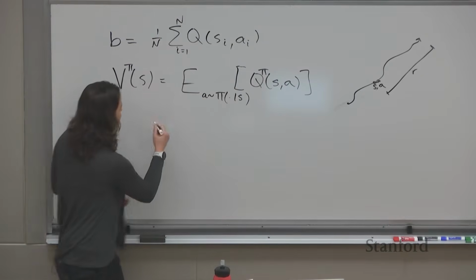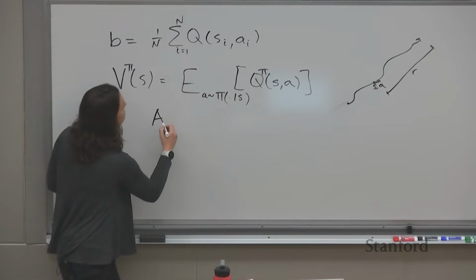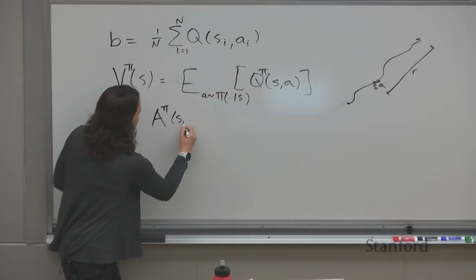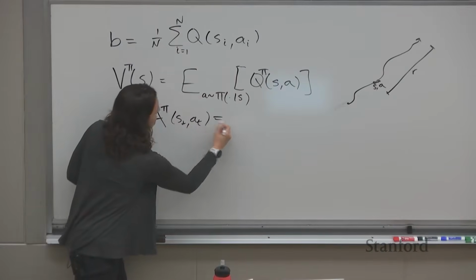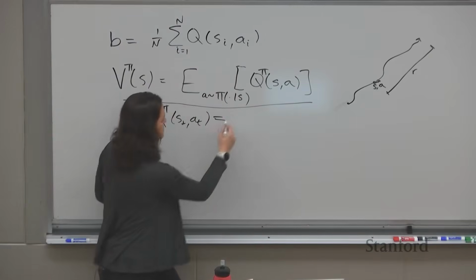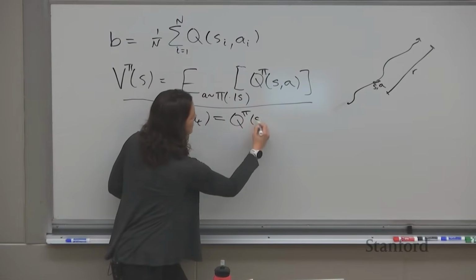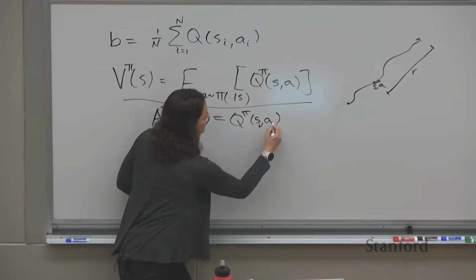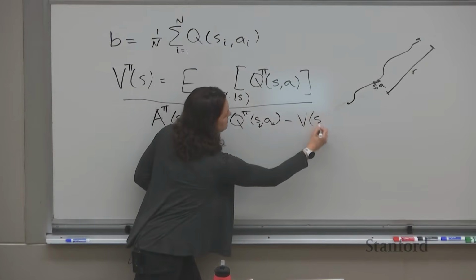We know that A^π of s_t, a_t is equal to the Q value minus the value.